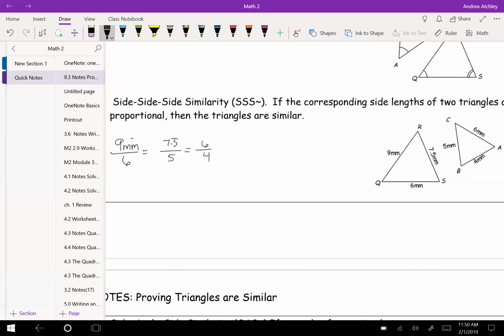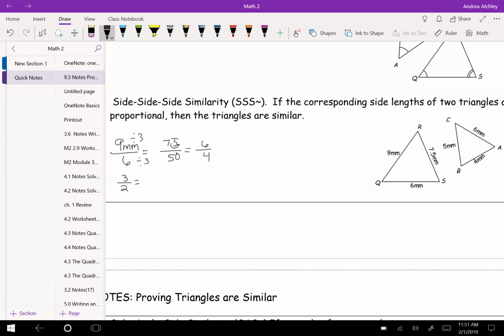Okay, 9 and 6 can both be divided by 3. 9 divided by 3 is 3. 6 divided by 3 is 2. Okay, 7.5 is 5 times 1.5. So to simplify this, you'd have 75 over 50.